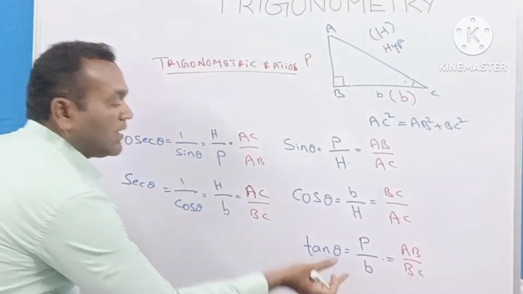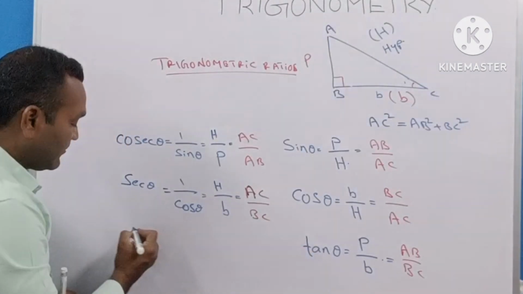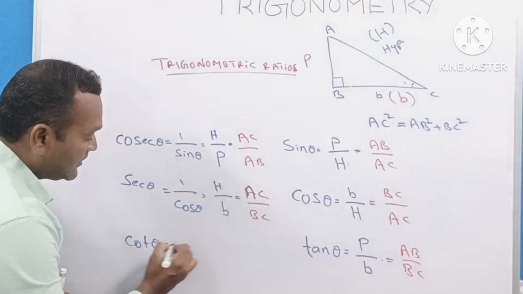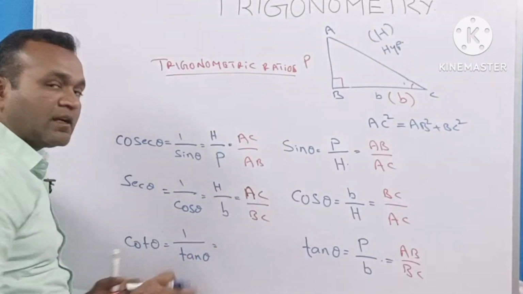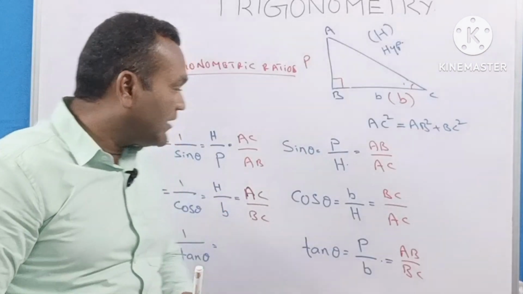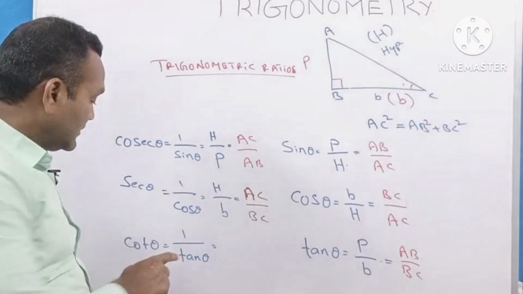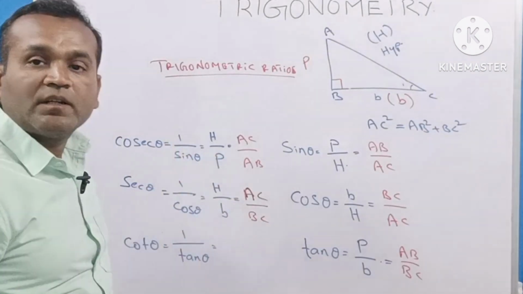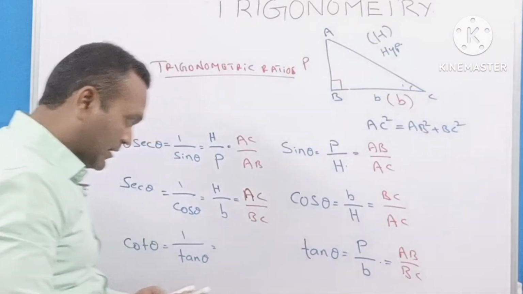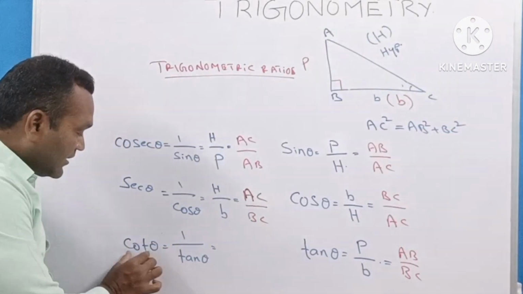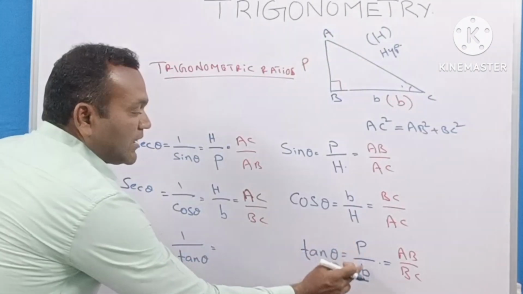Next, what is the reverse, the opposite of tan? Cot. The formula for cot theta equals 1 by tan theta, or in a different way, tan theta equals 1 by cot theta. Since we are writing the formula for cot theta, what is the formula for tan theta?